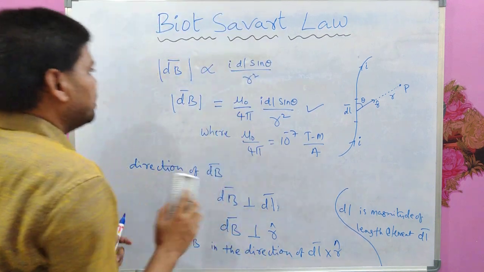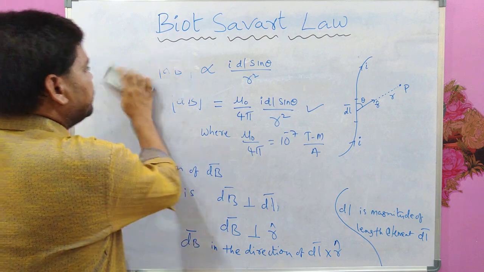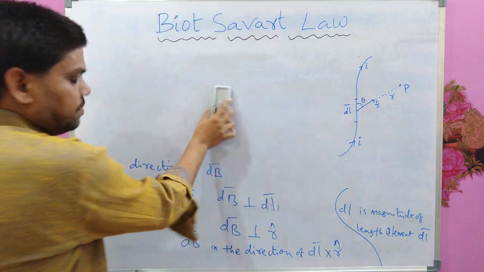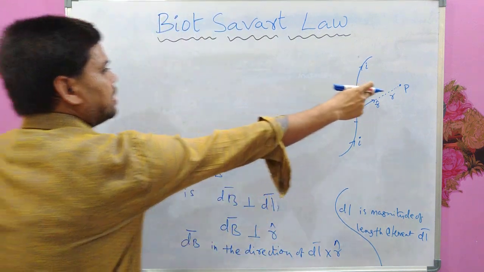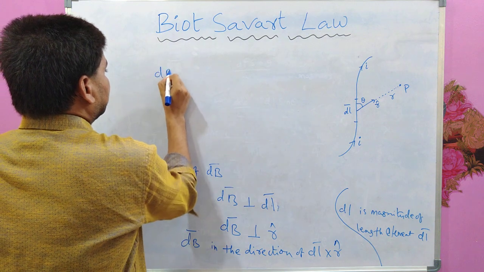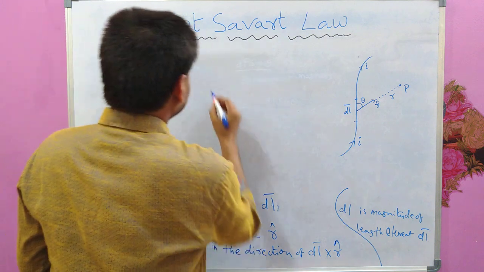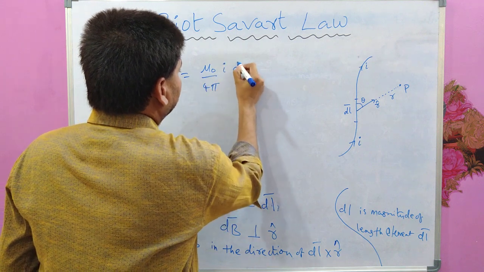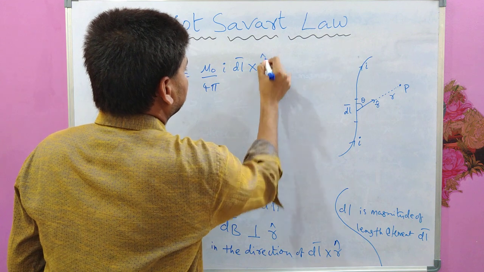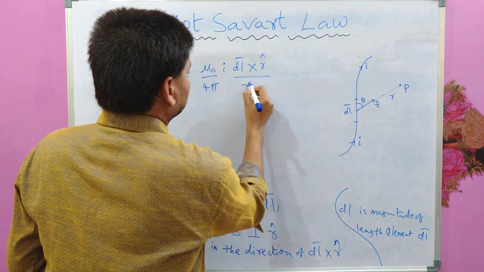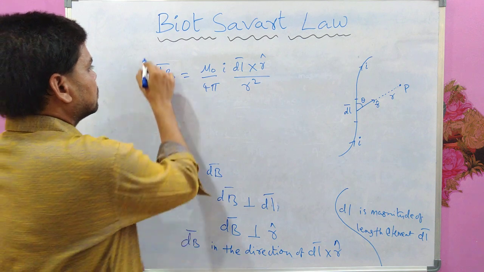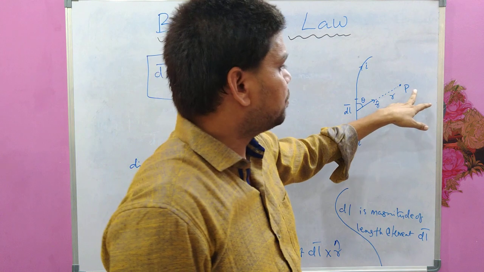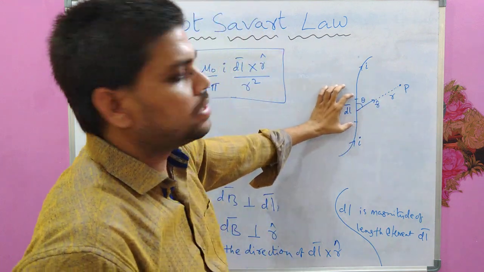So keeping these two in mind, we can write a new formula in the form of vector product for the magnetic field at this point P. That would be mu naught by 4 pi I dl cross r cap by r square. So this is the formula for the magnetic field produced at this point P due to this small element dl.